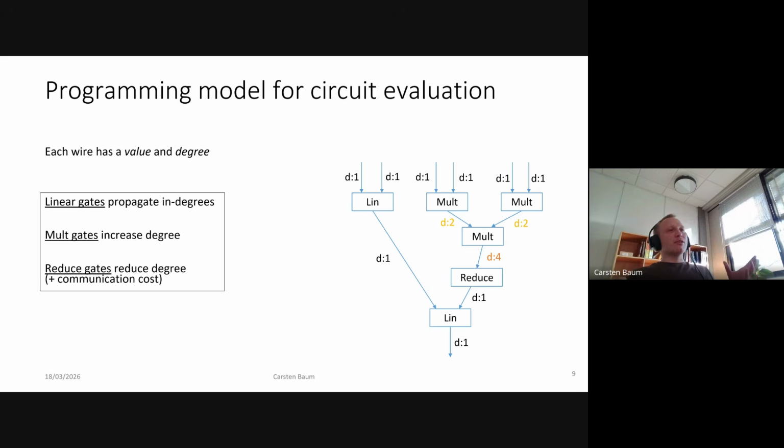Now the obvious question that you would ask is, why would I ever do a reduction of a degree? Well, the thing is also that the prover computation time depends on the degree of the commitments.